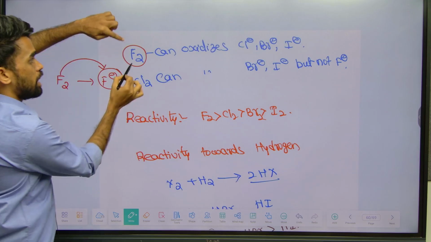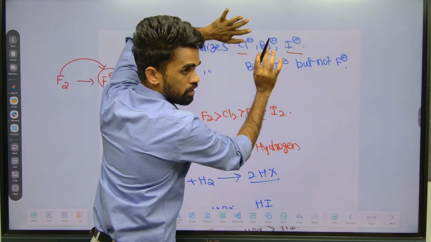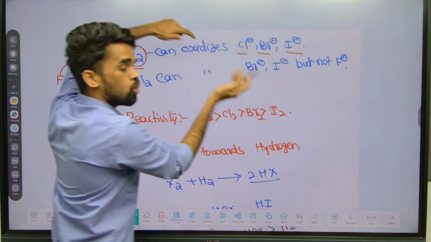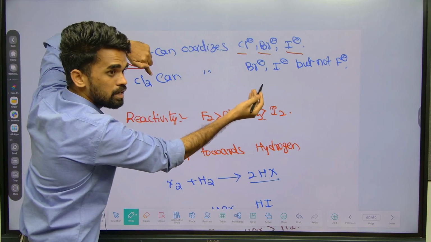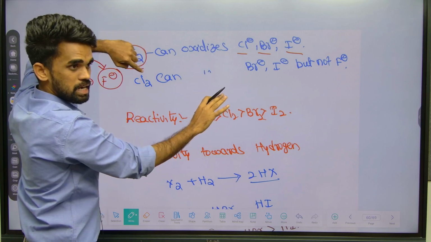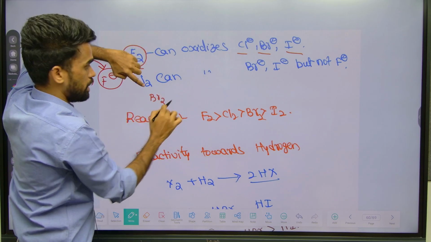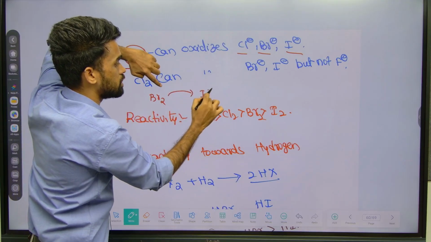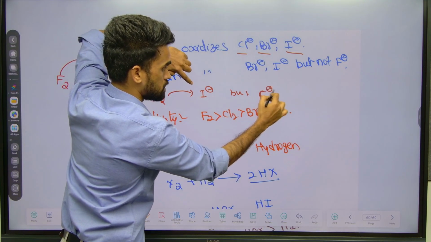Next, see, F2 can oxidize chloride ion, bromide ion, iodide ion. Now chlorine can oxidize bromide ion, iodide ion, but not fluoride ion. Is this clear? Okay. Now tell me for bromine story. It can oxidize iodide ions, but not fluoride ions.